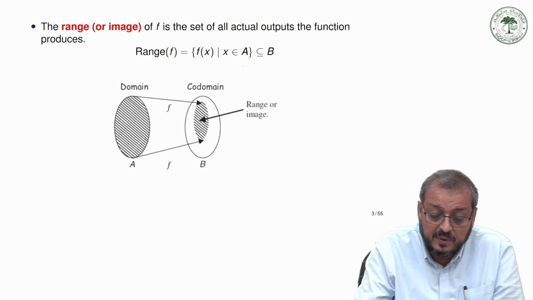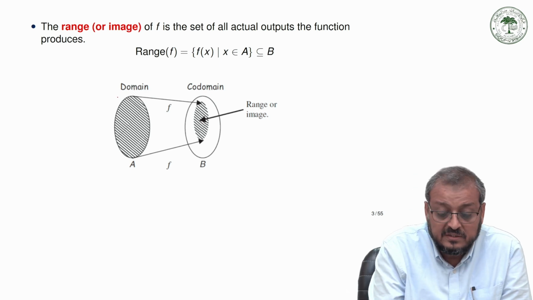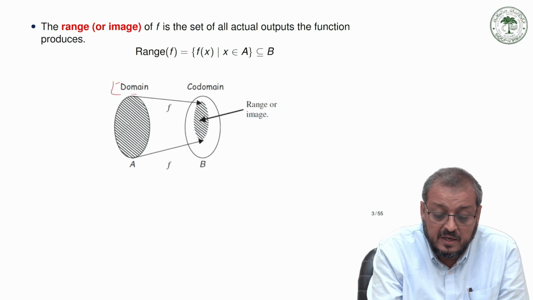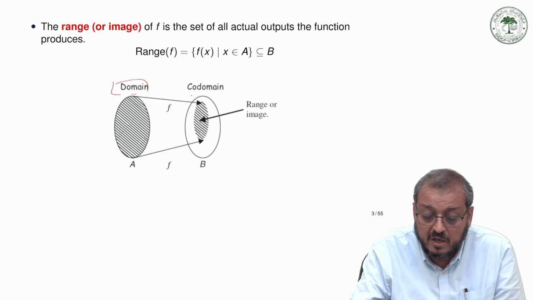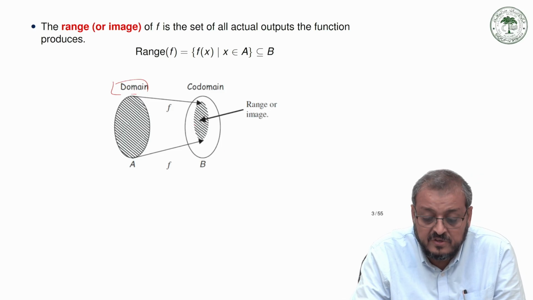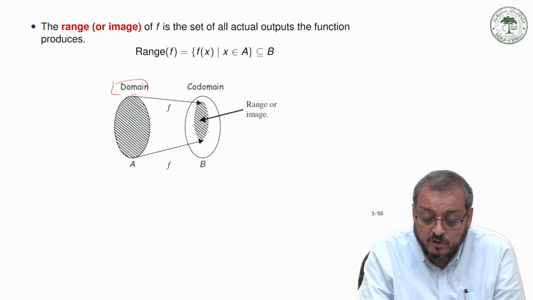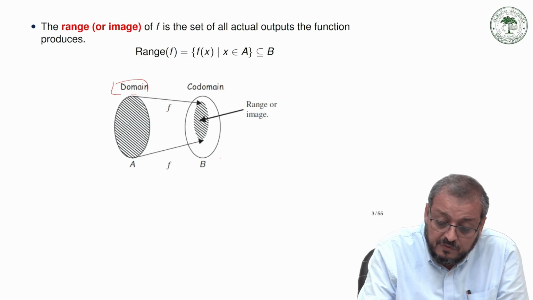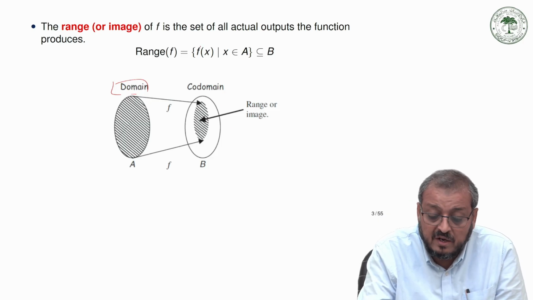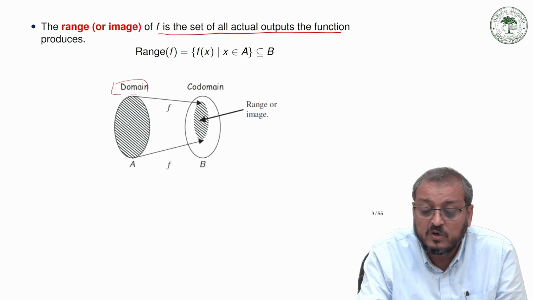For the domain, the set A is our domain, and the set B is our codomain. The range of f, or image of f, is a subset of the codomain, the set of all actual outputs of the function.